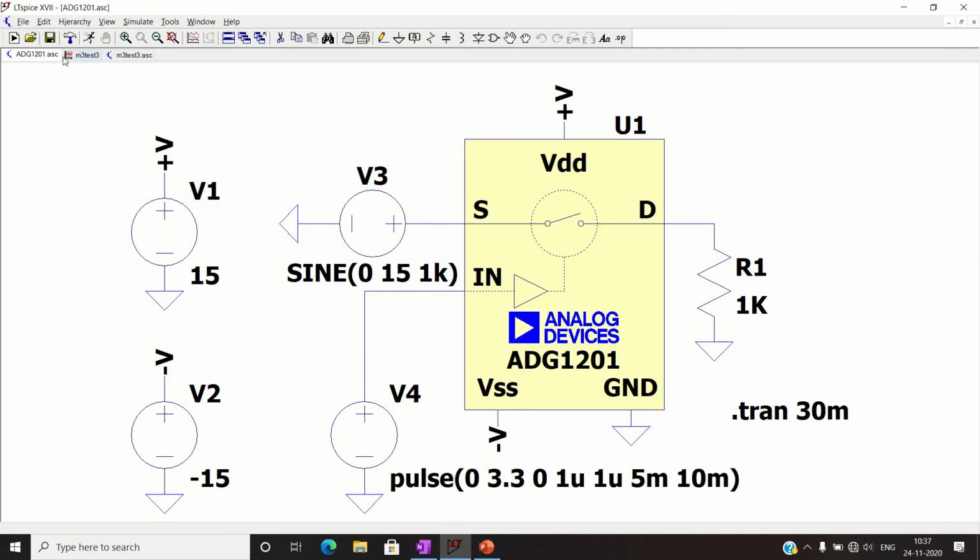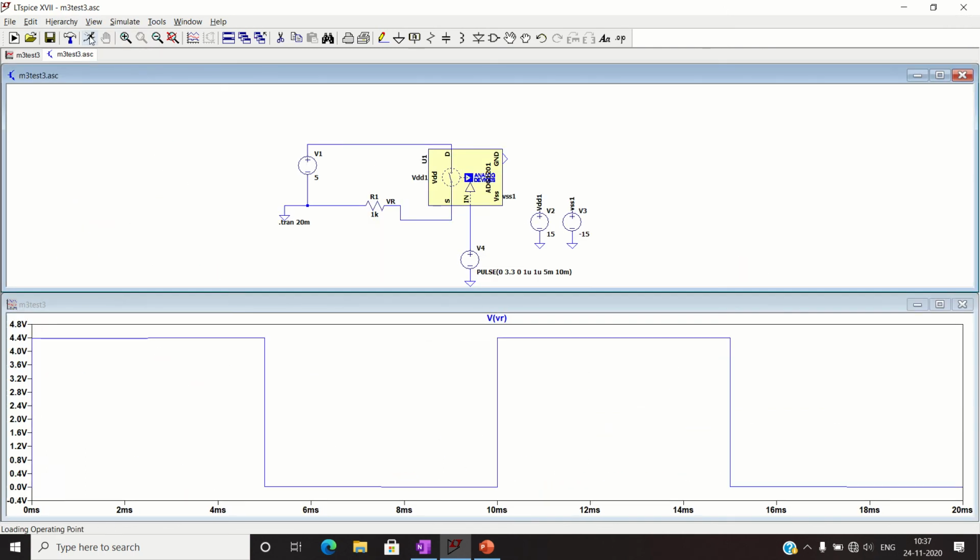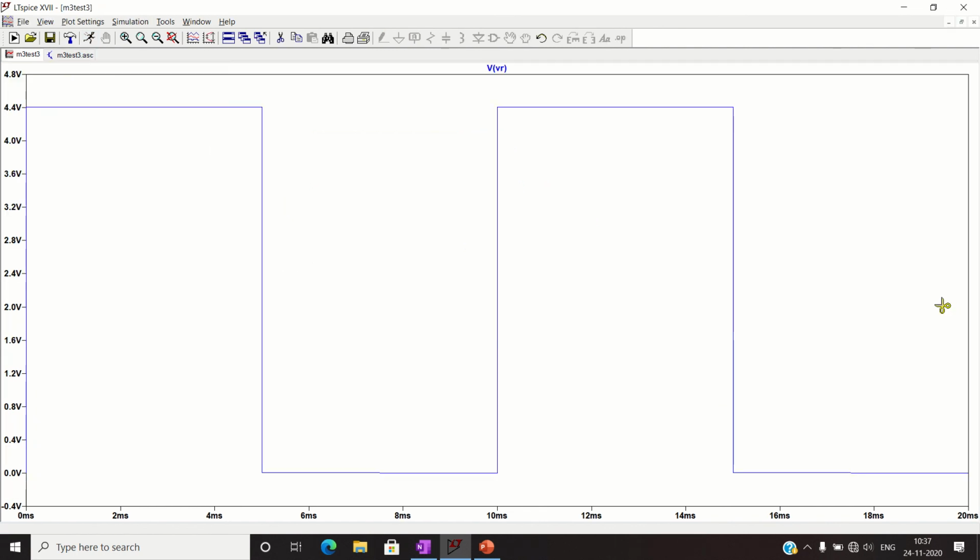I'll just close this part. Now if you see the waveform, the voltage across VR, it is now switching between 0 volts and 5 volts.